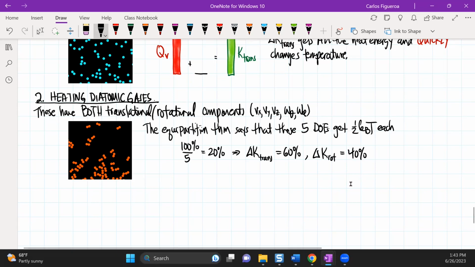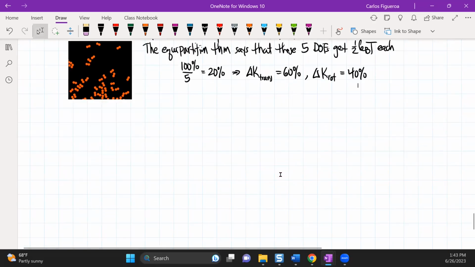So look what happens. If I draw my bar diagram as before, I then have this guy right here. Here's QV, and I need to keep it at 3 squares. So when I look at this, what actually happens? Well, it distributes the energy. K translational is going to get a little bit more than half.